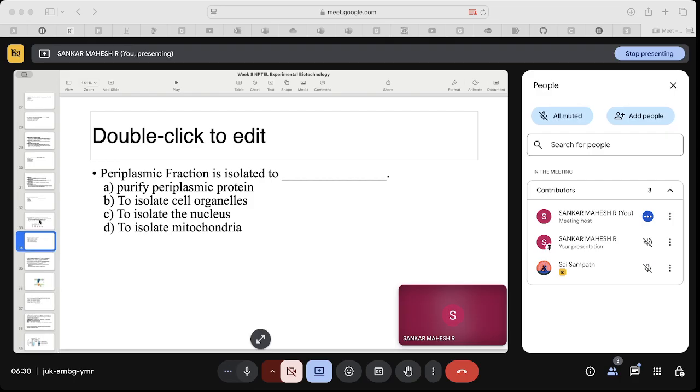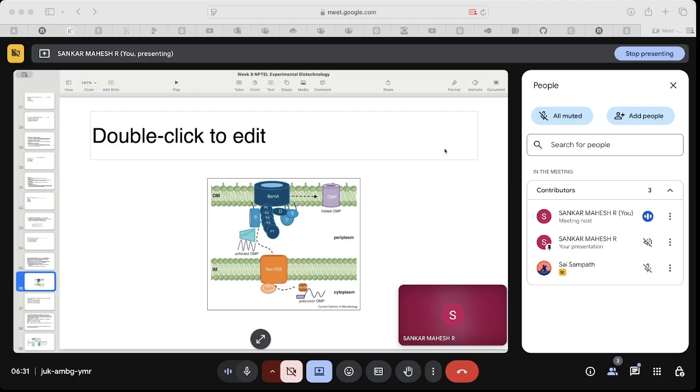Okay, the thing is, your cell organelles, which include your nucleus and your mitochondria, are just held inside your inner membrane. It is not between your inner membrane and your outer membrane. You need your periplasmic fraction if you want to identify something that is stuck between your inner membrane and outer membrane. So this is how it looks.